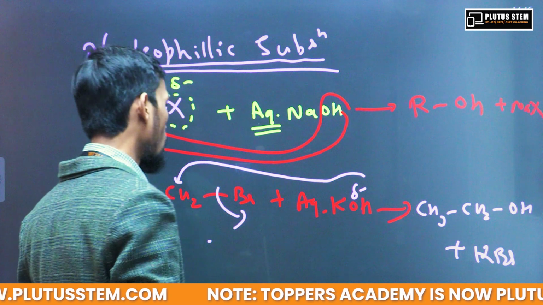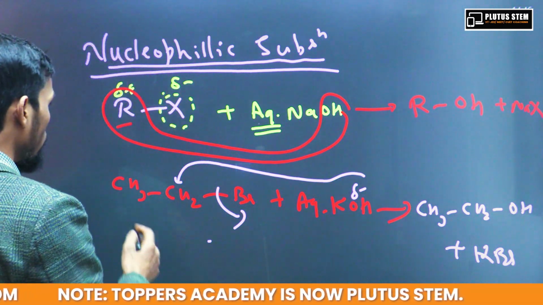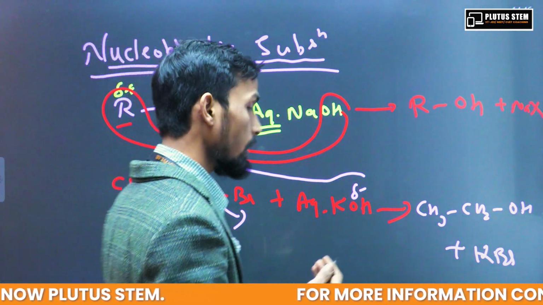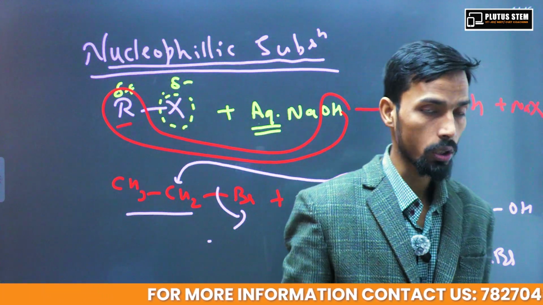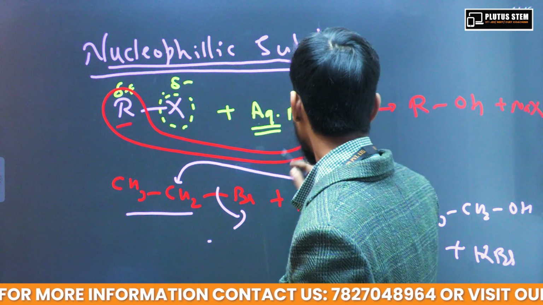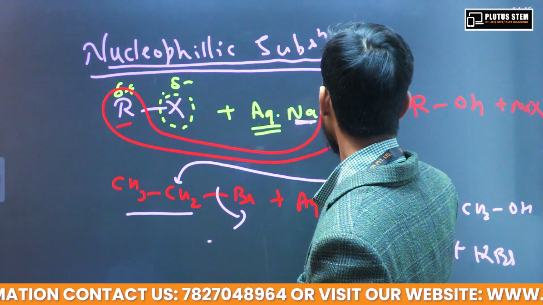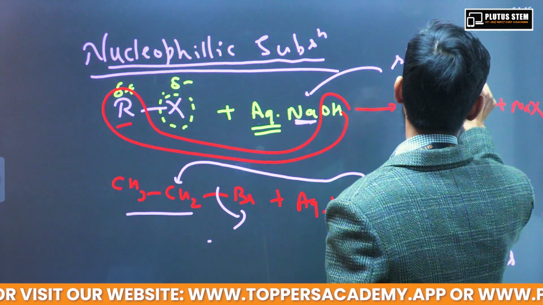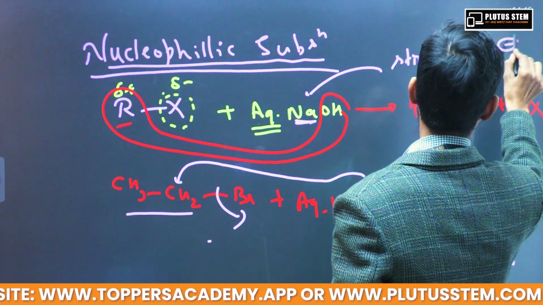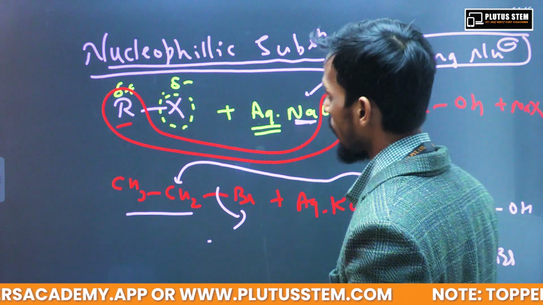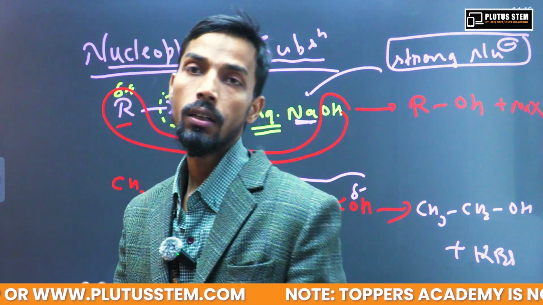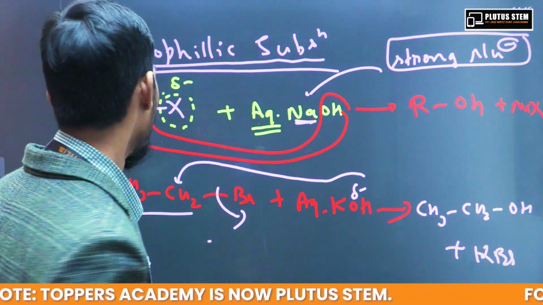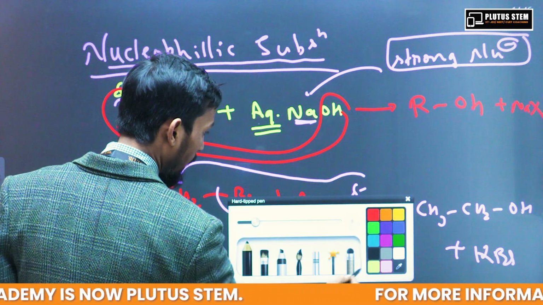As we can see, these reagents we are taking are generally strong nucleophiles, due to the presence of Na or K. We know that strong nucleophiles generally prefer the SN2 reaction, which means they attack from the back side.